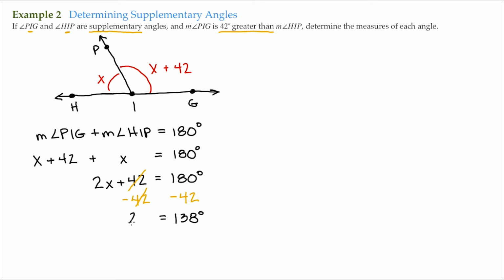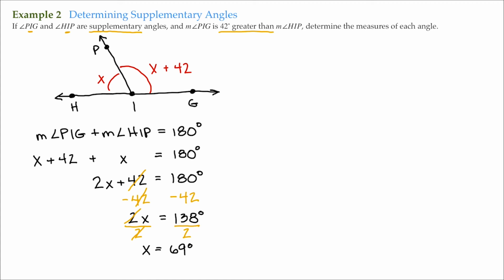So 2X is equal to 138. We'll continue by dividing by 2 on either side. The 2's will cancel. X is equal to 138 degrees divided by 2. X is equal to 69 degrees.